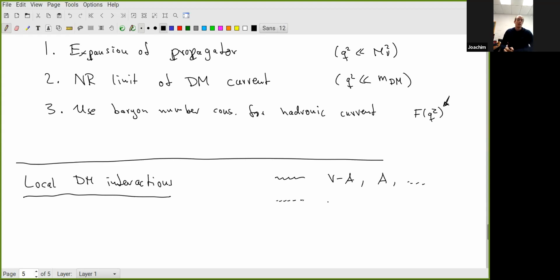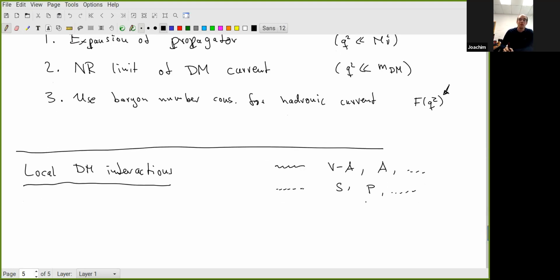Or you could have a scalar exchange. Also for the scalar exchange, there are different possibilities: just a scalar interaction, or a pseudo scalar interaction, so something that is even or odd under parity, or any combination of these two. But what we will always assume is that the mediator mass is larger than the momentum transfer.